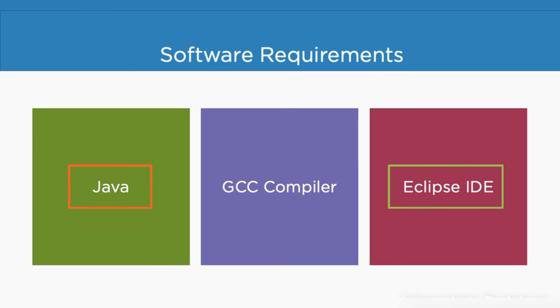Well, just because the software Eclipse IDE is built using Java programming language, so in order to run Eclipse, we need to install Java in our system. Fine. So again, please don't get confused regarding this. So this was all about the software requirements. And we are going to install all the required software in the next topic.